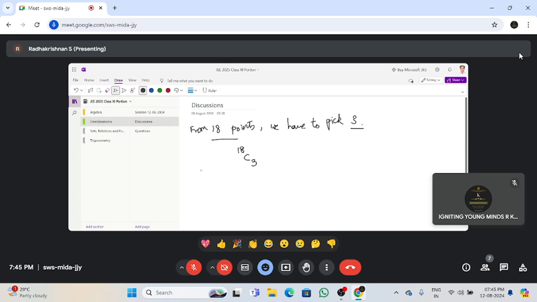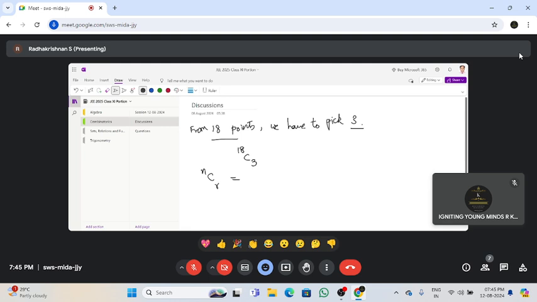There is a general formula for NCR. If you want to pick up R items from N, say there are N students and you have to pick up R students. So there are 10 students, you have to pick up 3.